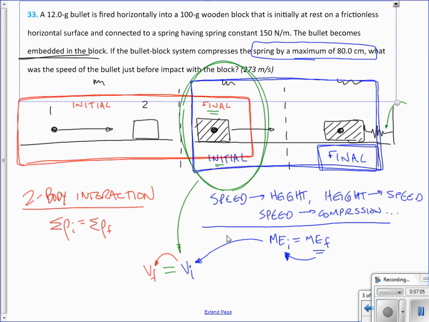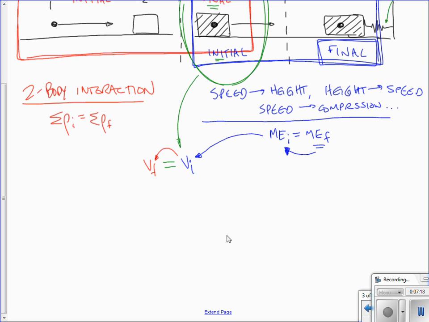All right? So I'm going to run through this whole solution right now, using exactly what we see here. For our conservation of energy part, GPE initial plus KE initial plus EPE initial equals GPE final plus KE final plus EPE final.